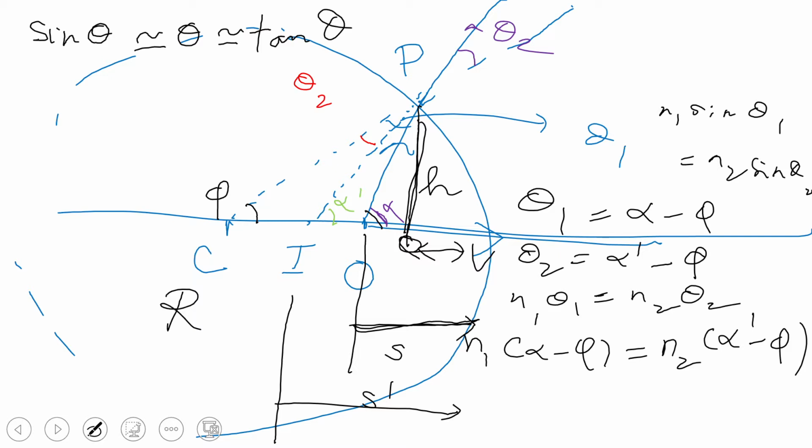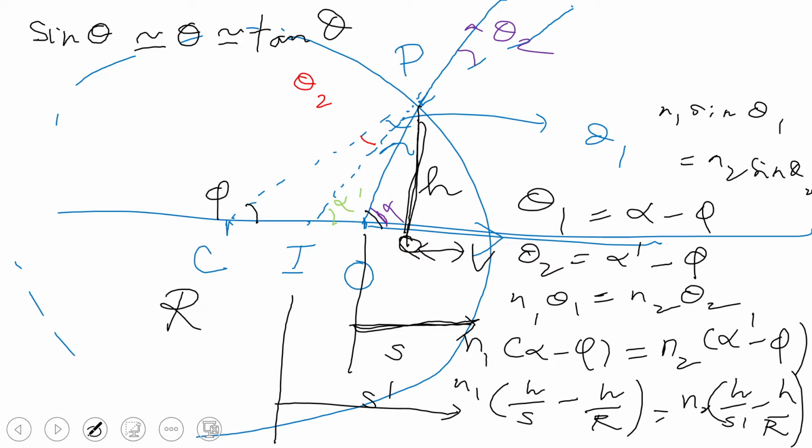But nevertheless, we are ignoring it because we are trying to do first order optics or Gaussian optics, like we have already discussed. So then alpha would be h over s, the object distance, and phi would be h over the radius of curvature R. And similarly, for alpha prime it would be h over the image distance s prime, minus h over R.